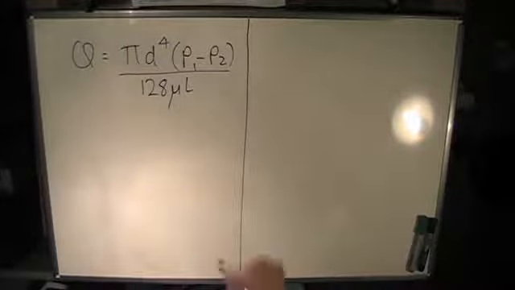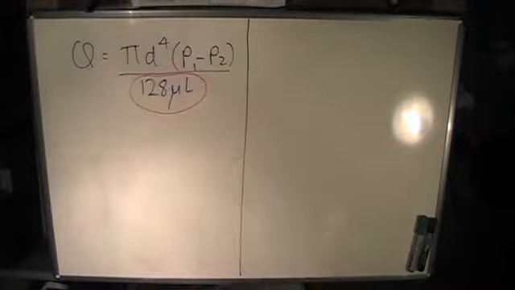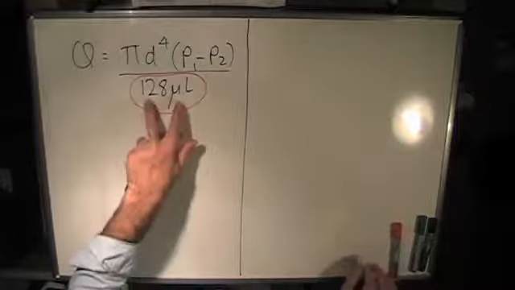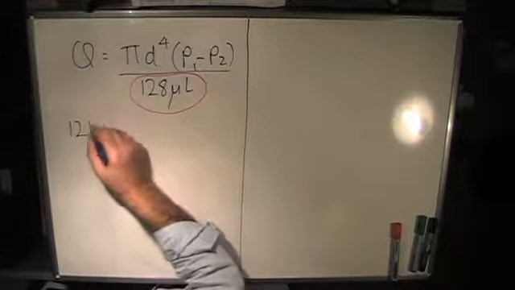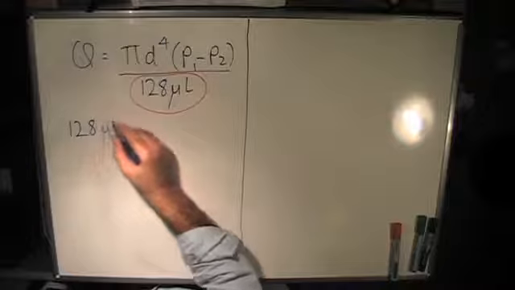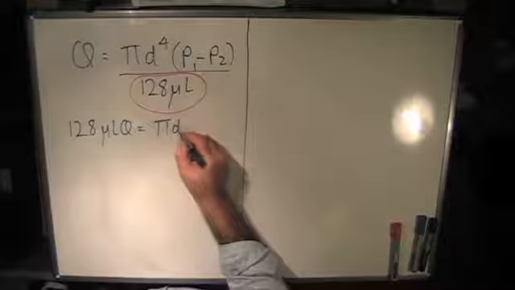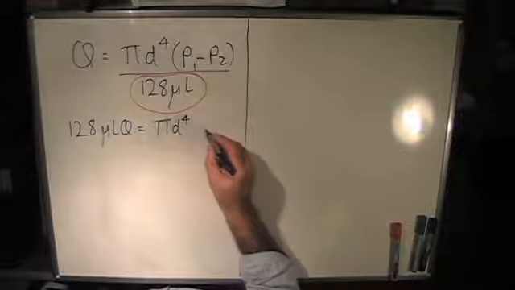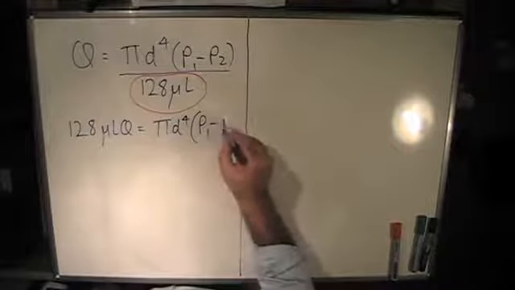Often the simplest way is just to get rid of the fractions by bringing this over to the other side. So we would be allowed to write that again by having mu L Q equals pi d to the 4th (P1 minus P2).